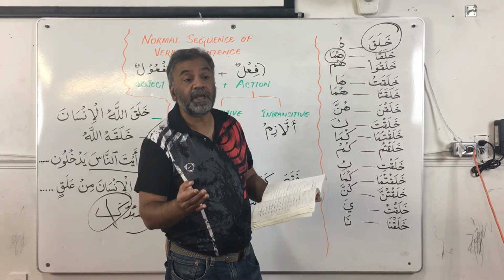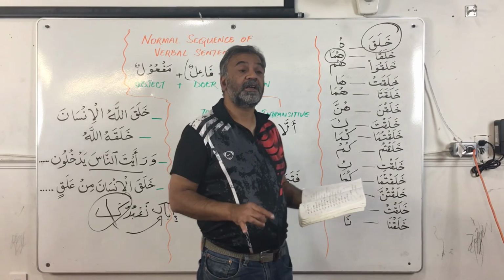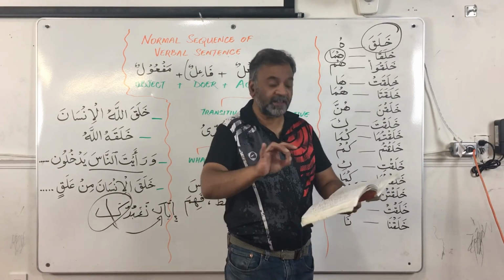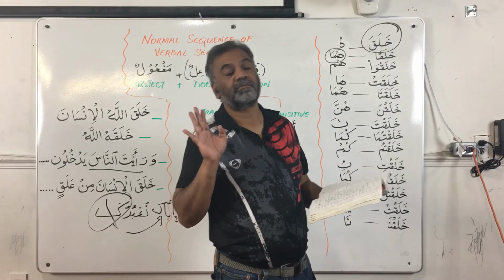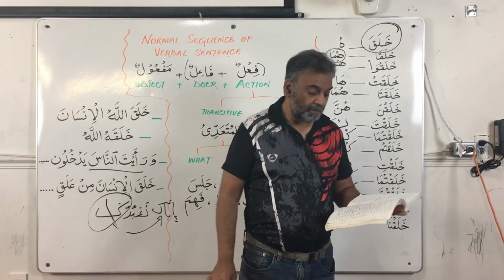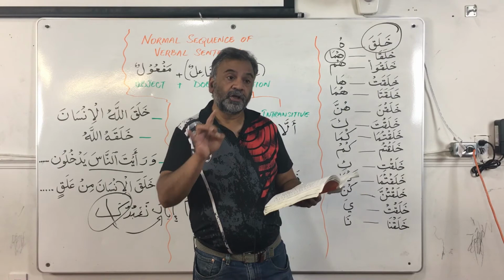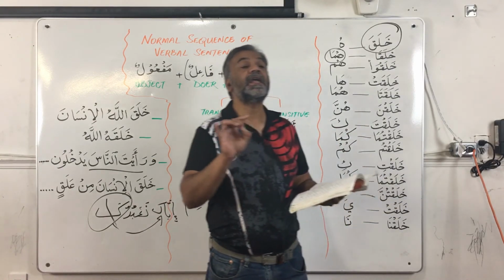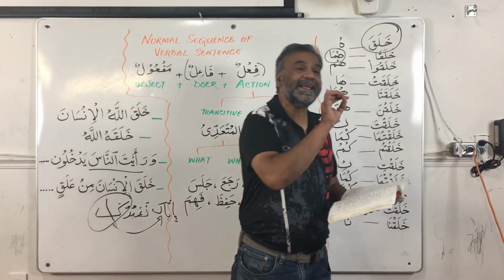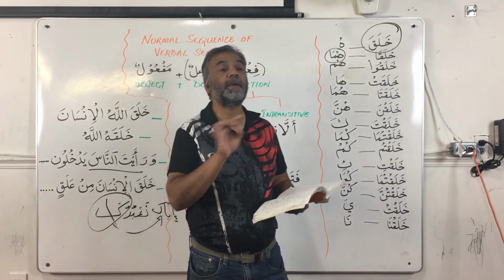Where is the maf'ulun bihi, the object? Al ajwibata, the answers. Did you write the answers, O Faisal? And Faisal said, La, harful jawab, no. Ma katabtuha. I did not write it or them.